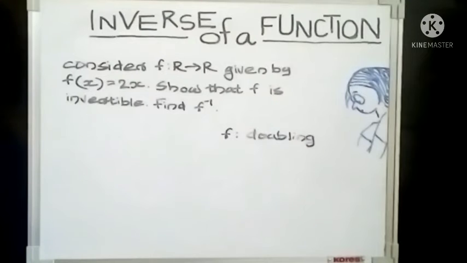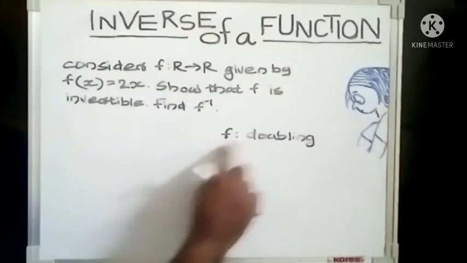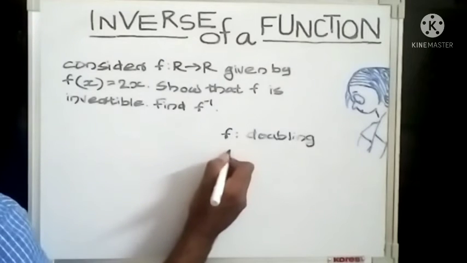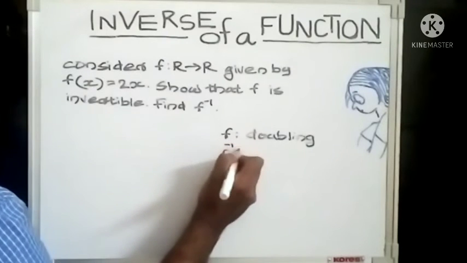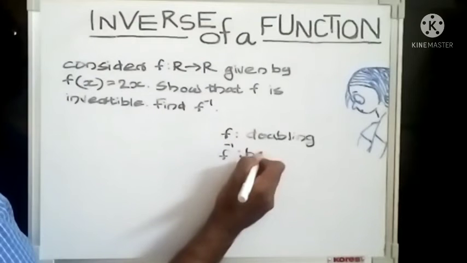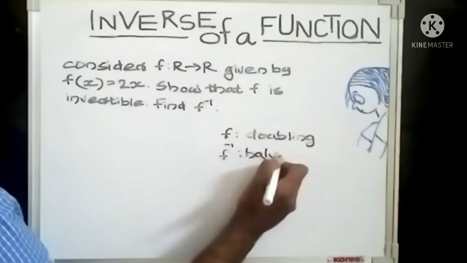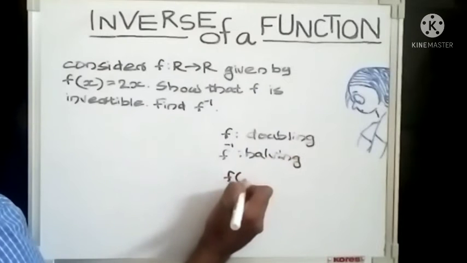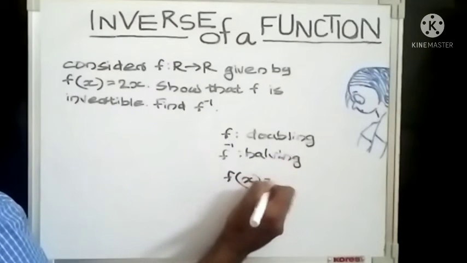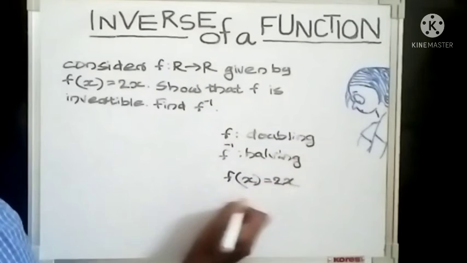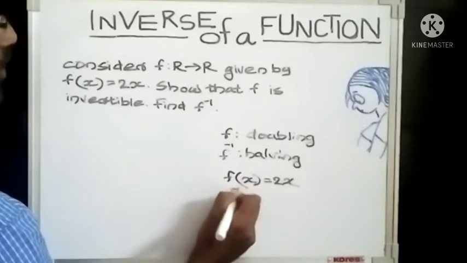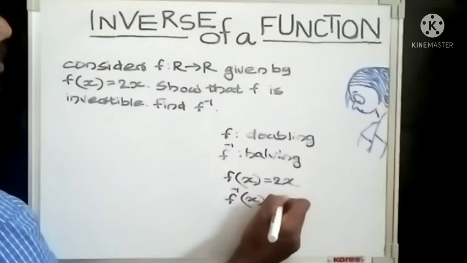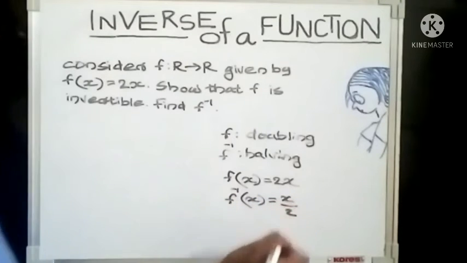We have already mentioned that if F is the action of doubling, then its inverse activity is halving. It means that if f of x equals 2x, the inverse is f inverse of x equals x by 2.